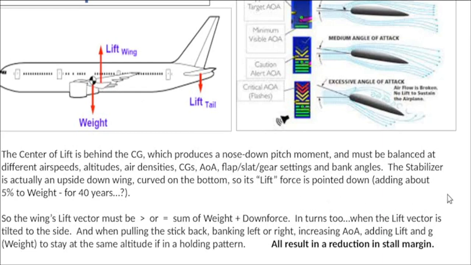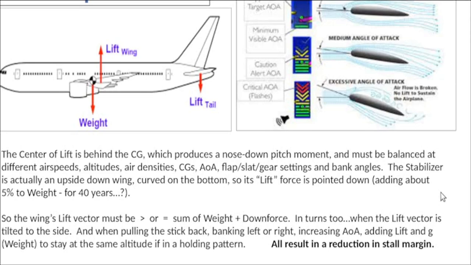The stabilizer, like I said, is an upside down wing. And so its lift vector is pointing down. And this adds about 5% to the weight of the airplane for 40 years if you convert it to a freighter.